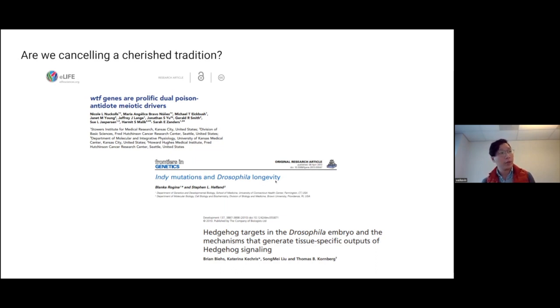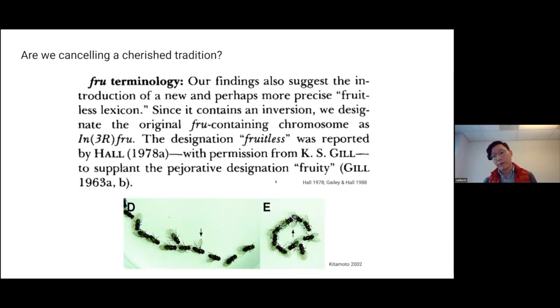disparage others, right? And in fact, this is not the first time something like this has happened, again, in fruit fly genetics. So in the 70s, there was a gene discovered that causes male fruit flies to be unable to recognize females and males.